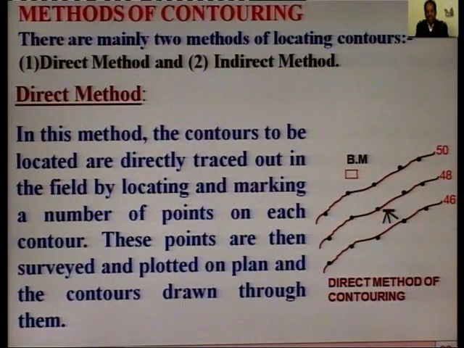These points are then surveyed and plotted on the plan and the contours drawn through them. So this is an example of the direct method. Once again, in this method the contours to be located are directly traced out in the field by locating and marking a number of points on each contour. These points are then surveyed and plotted on the plan and the contours drawn through them.